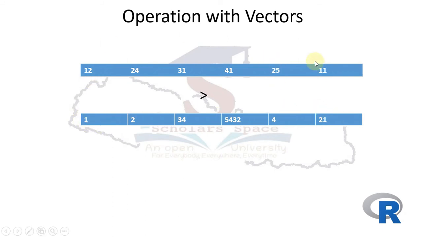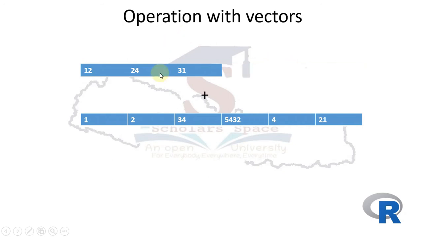Now up to these examples we are using both vectors of the same size, and what will happen if both the vectors are not of the same size? In this case, R replicates the smaller vector in order to make both the vectors of equal elements. Now in this case the bigger vector is a multiple of the smaller vector.